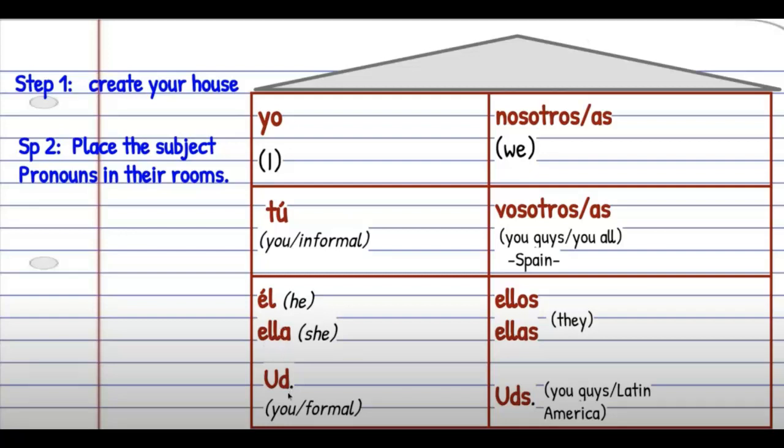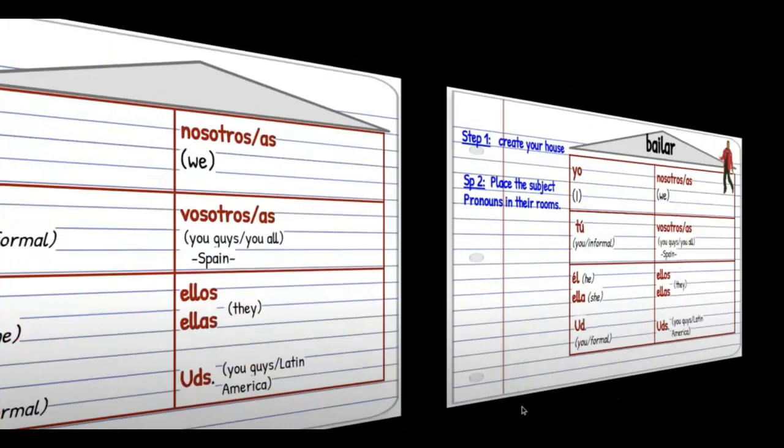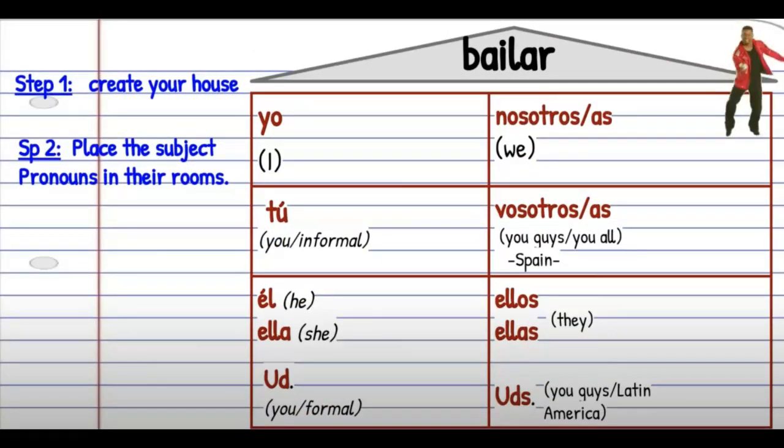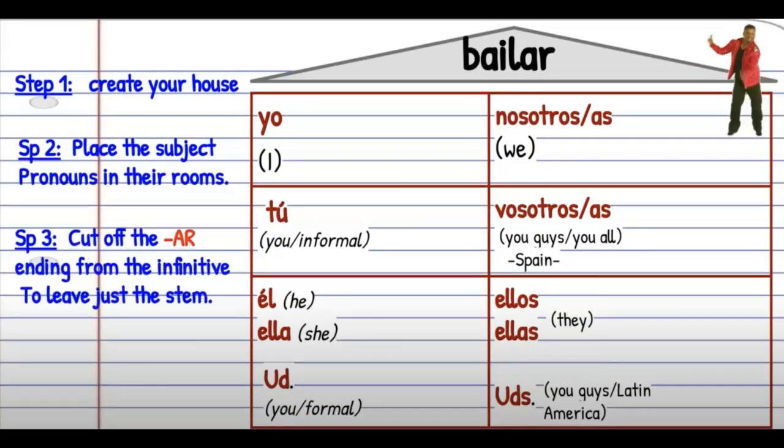And then after you take, you're gonna drop the AR from the verb. Whatever you're left with is called the stem. And those stems are the ones that you're gonna put everywhere. So hablar, you end up with "habl." In this case, bailar, which means to dance.